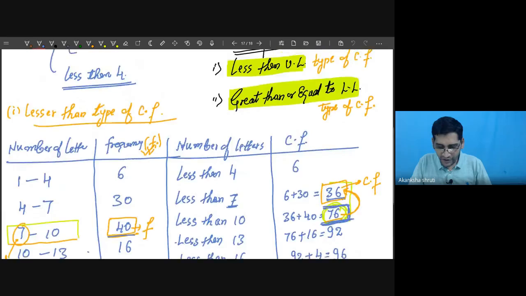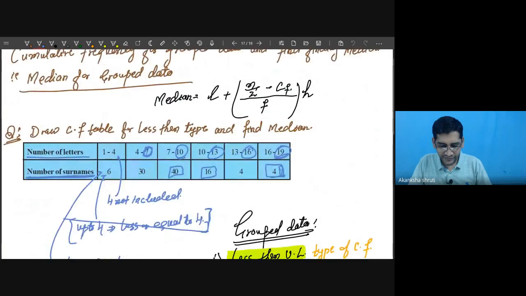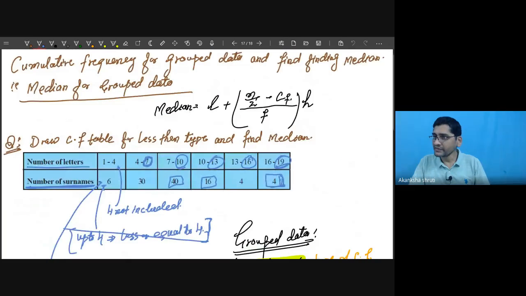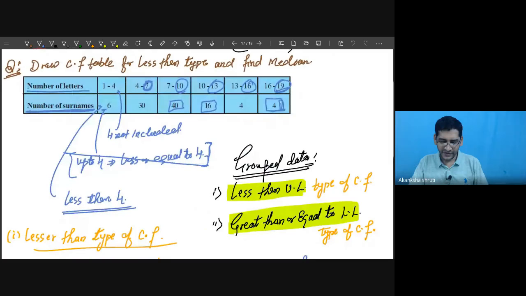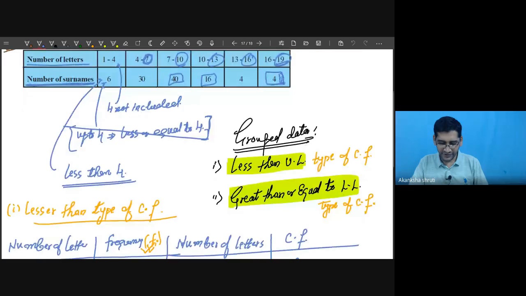So today we have learned a very important thing, the median calculation for the ungrouped data and for the grouped data. Very first is to make the cumulative frequency table. So we have learned how to make the cumulative frequency table, what we mean by cumulative frequency, then using the cumulative frequency, how to find the median. Students, here we have taken the less than type.